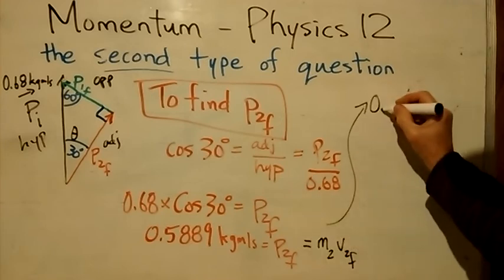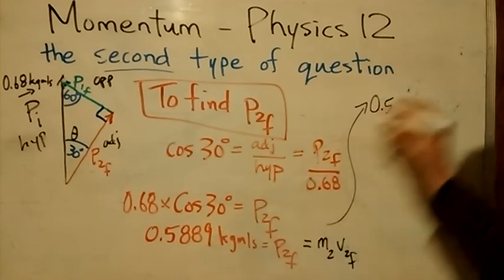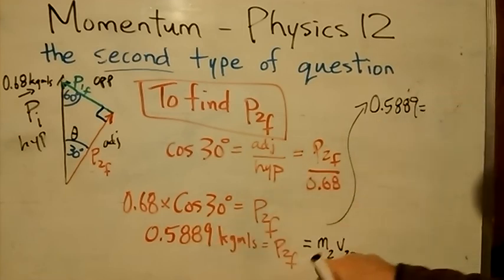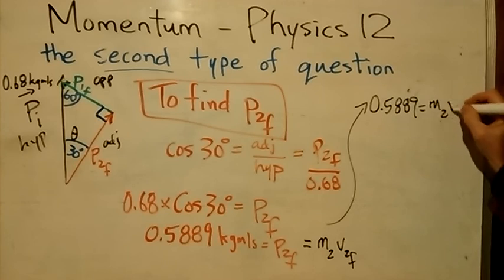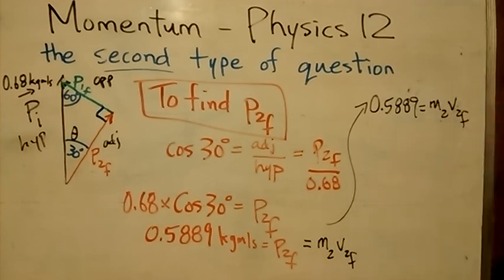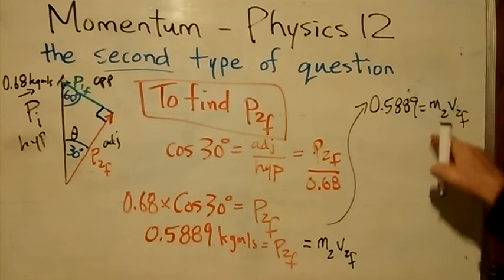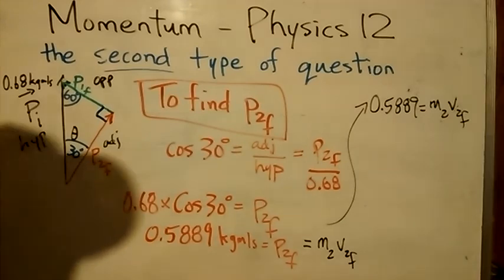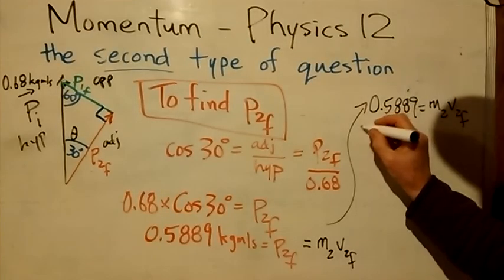We know that 0.5889 is equal to M2 V2 final. And we know M2, it's the same as M1. And just to confirm, it's 0.17 kilograms.